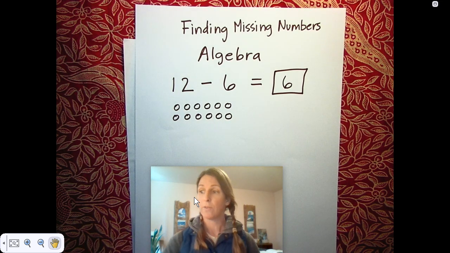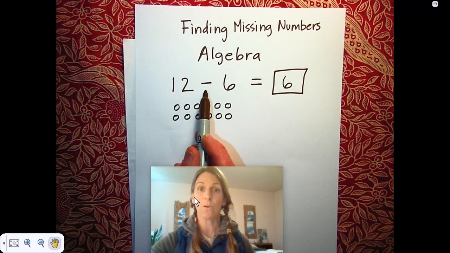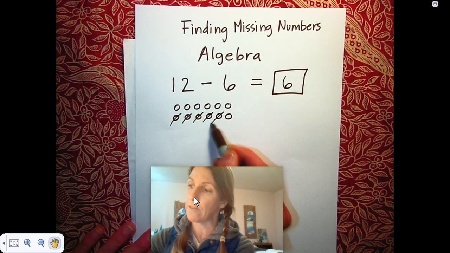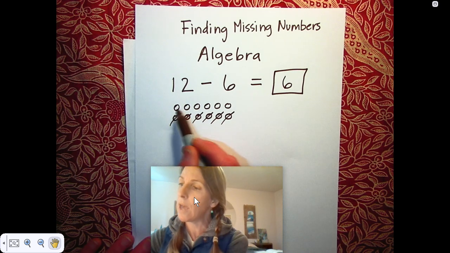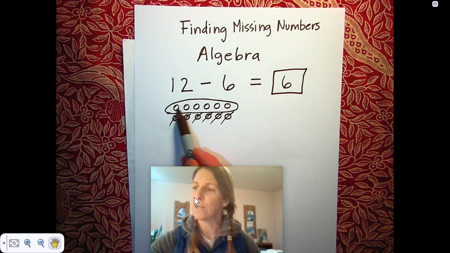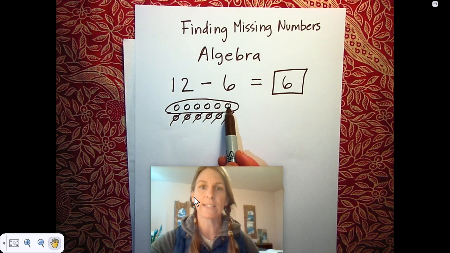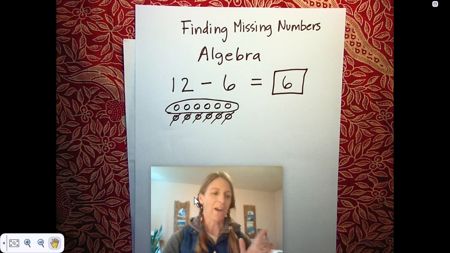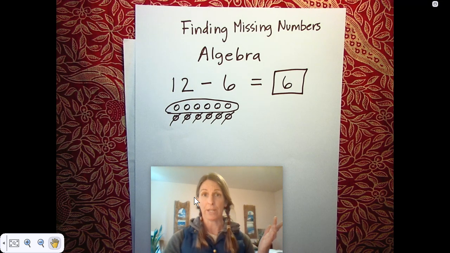There's my 12. I need to take away 6. All right, so I'm going to go 1, 2, 3, 4, 5, 6. I took those 6 away, and lo and behold, I've got 1, 2, 3, 4, 5, 6 left. Boom, did it.